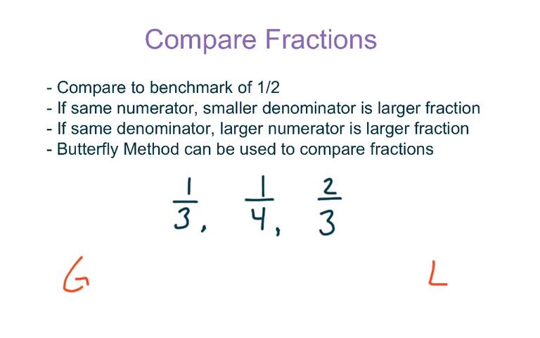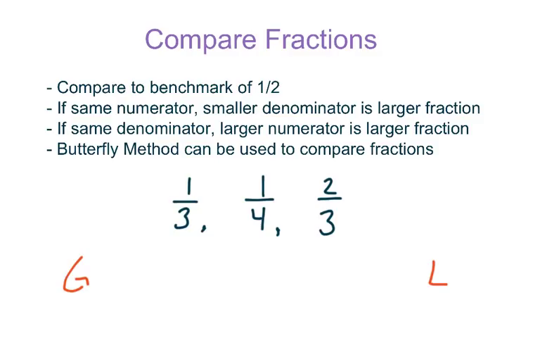Now, one of the first things that's really helpful when we're comparing more than two fractions is to start separating our fractions out. It's very unlikely that all of our fractions are going to fall either less than a half or more than a half, so we're going to be left with a lot fewer fractions to compare. That would be the first thing that I would do, even before jumping into the butterfly method, because that's a lot of multiplication.